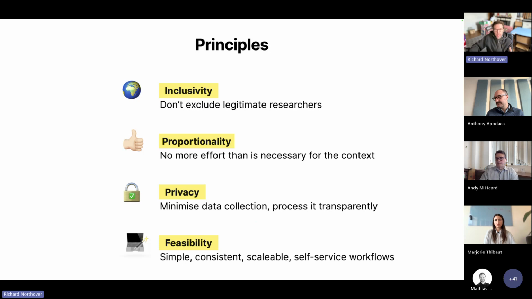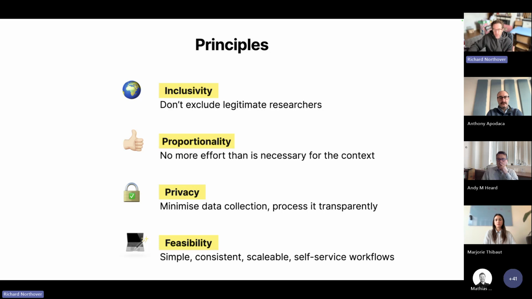We need to avoid collecting unnecessary personal data, especially as some researchers need to remain pseudonymous and so on. So we've got to stick with all the privacy guardrails that we would expect. And obviously, the whole verification process needs to be physically possible. We can't come up with solutions that can't be implemented.